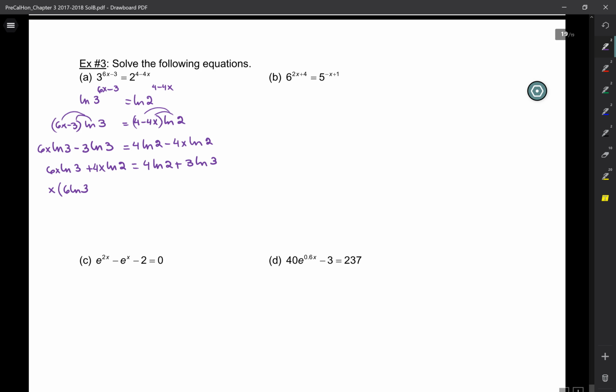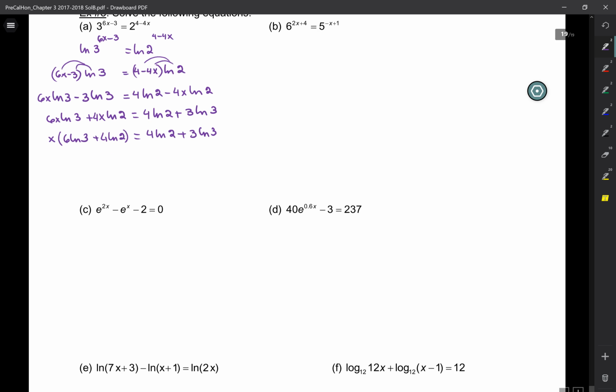You can, but it's not going to take you too far, so we'll just leave it in there. Okay? Plus 4 ln of 2 is equal to 4 ln of 2 plus 3 ln of 3. Now I divide. So x is equal to 4 ln of 2 plus 3 ln of 3 over 6 ln of 3 plus 4 ln of 2.